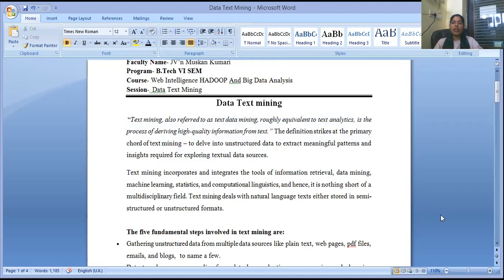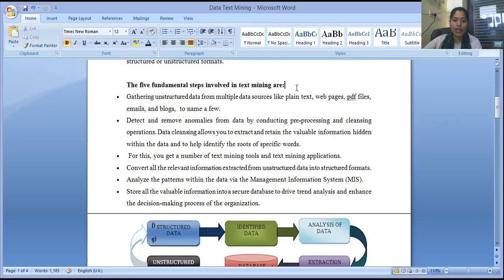It means there is also multiple irrelevant data in that set of data. Clear? Unstructured means the data is not properly structured and not properly arranged, isn't it?